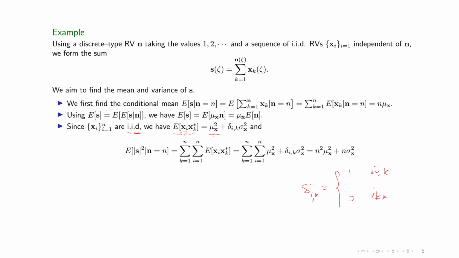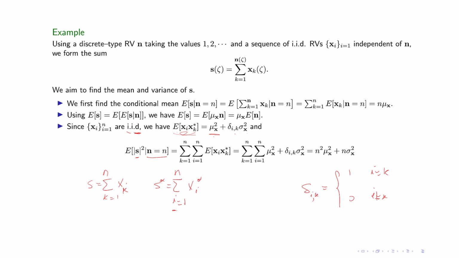So now I calculate the mean of s to the power of 2 given these events. I apply the same concept. S is the summation of, let's say, k equal 1 to n of x of k, and then s conjugate is equal to the summation of, let's say, i equal 1 to n of xi conjugate.